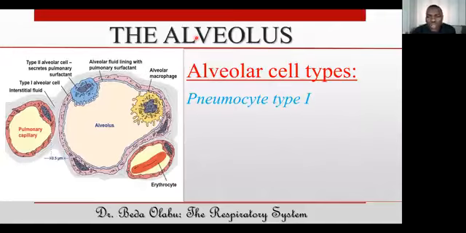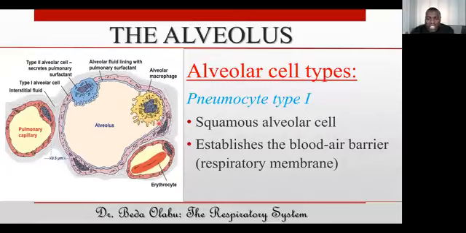We have what we call pneumocyte type 1. Pneumocyte type 1 is a squamous alveolar cell. This is the pneumocyte type 1. Squamous means flat. So this is one, this is another one. It's flat, and that's why even if there are only two here, they occupy a very big surface area compared to the rest because they are flattened out.